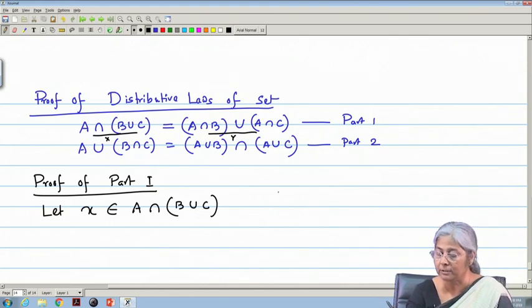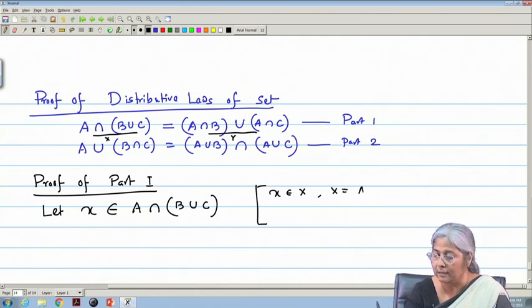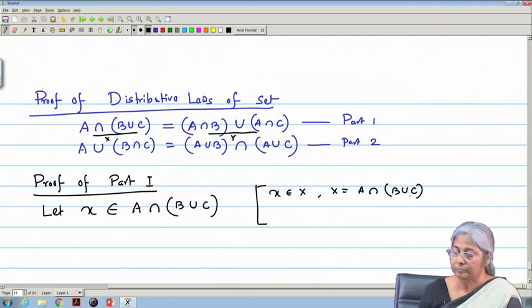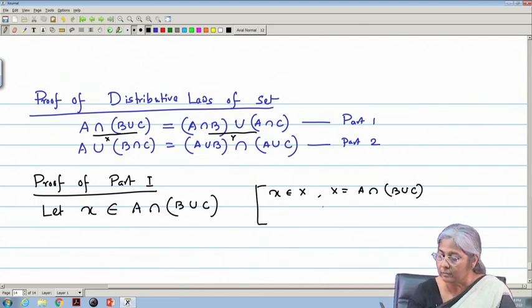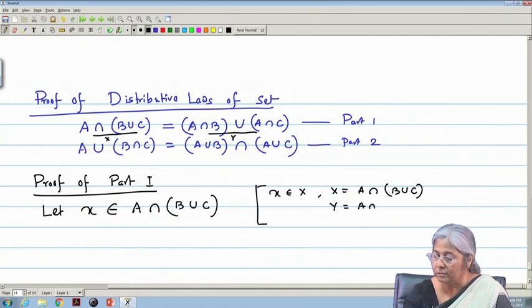Here X is A intersection (B union C), and Y is (A intersection B) union (A intersection C).